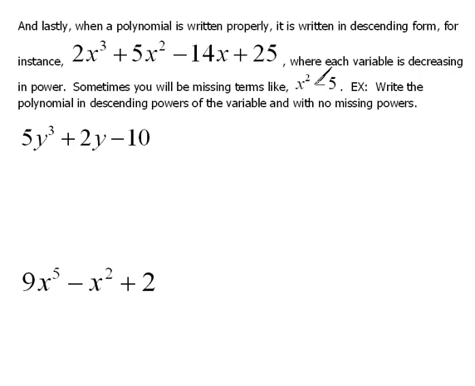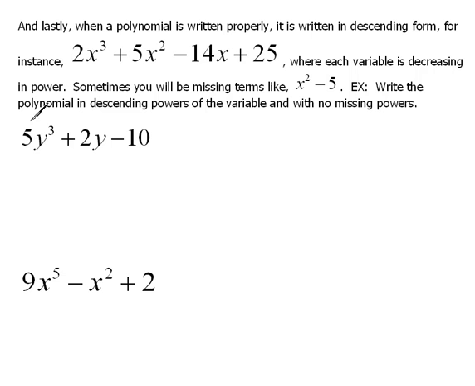There's no way that we'll be able to do the problem without it, and keep everything straight. So we're going to practice doing that now to get used to the idea. We're going to write these polynomials in descending orders, descending powers of the variable, and with no missing powers.